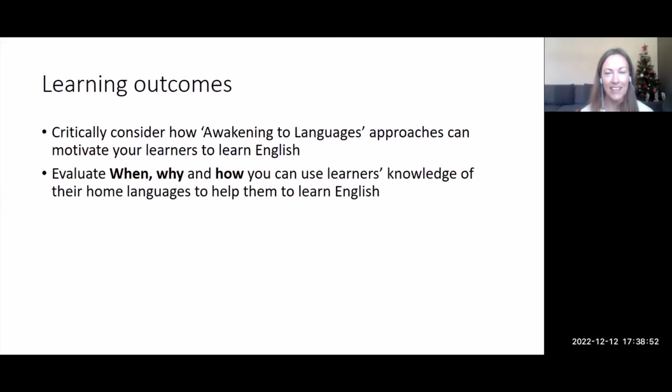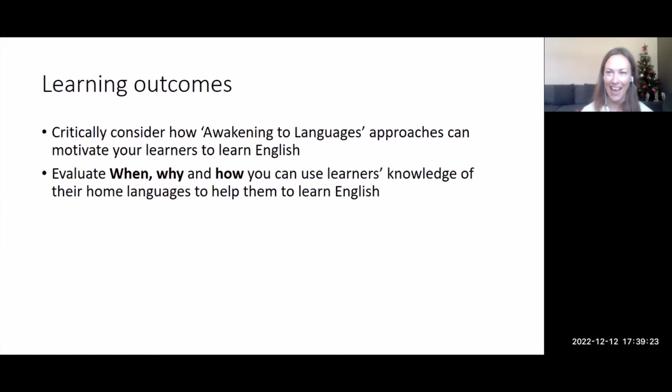And our second key outcome is looking at key questions: when, why, and how you can use your learners' knowledge of their own home languages and other languages they know to help them to learn English. So hopefully this is a topic that interests you. That's why you're here. I hope you will be fully participating throughout. And I'd love to see your comments as we go, and also questions at the end.